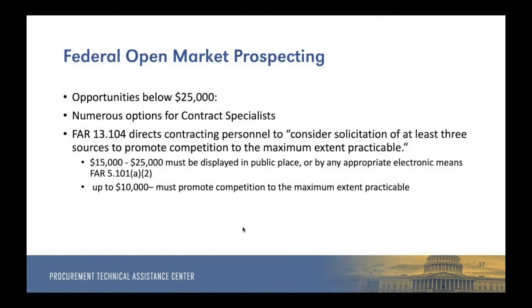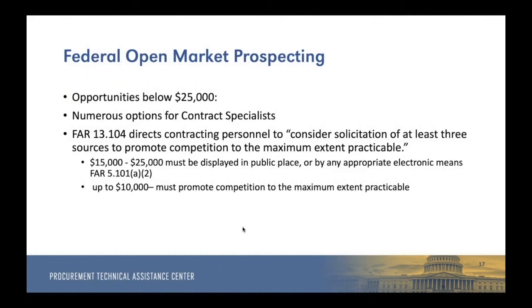Recently, what I've seen is agencies have Twitter feeds, they have social media, LinkedIn accounts, and they post those opportunities on these social media platforms. Or they would sometimes partner with us, the PTACs, and they would send us opportunities and then ask us to disseminate this information to our small businesses, so they're aware of it as well.